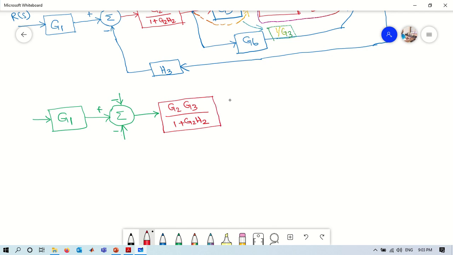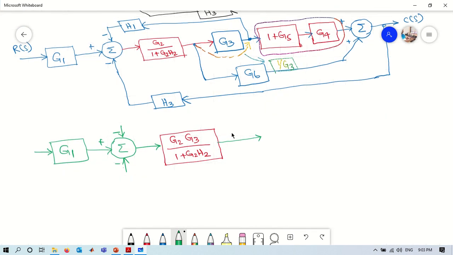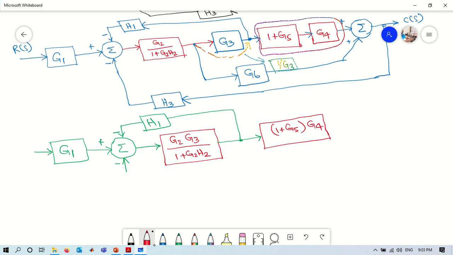After G3 only my H1 feedback is there. Then I'm going to combine this. Again, it's a product, G4, right?